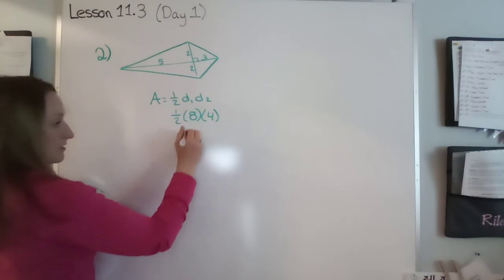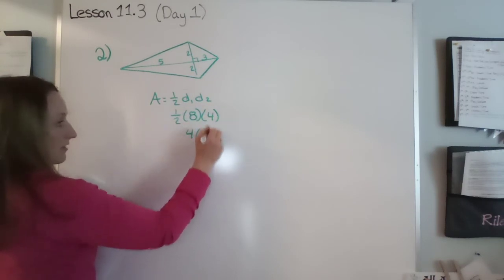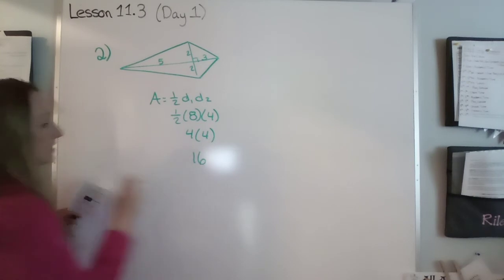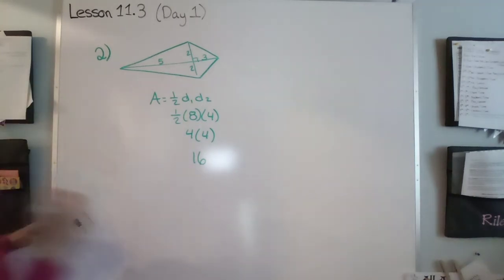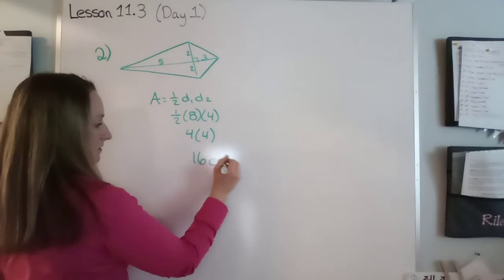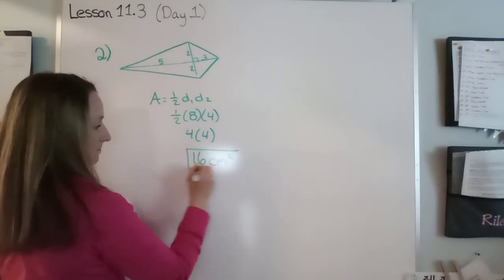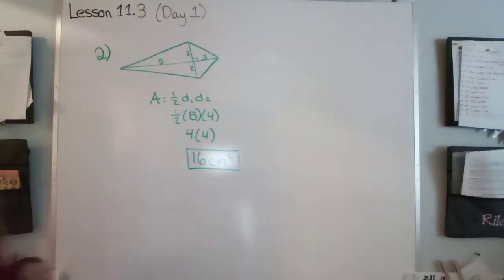Half of 8 is 4, and 4 times 4 is 16. The units were centimeters, so it's 16 centimeters squared. That is how you use those two formulas. Just keep on moving along.